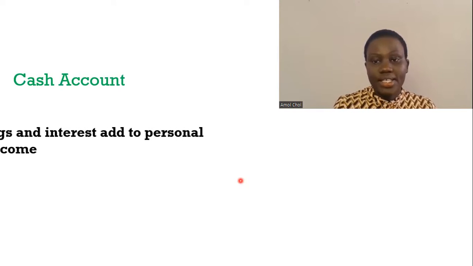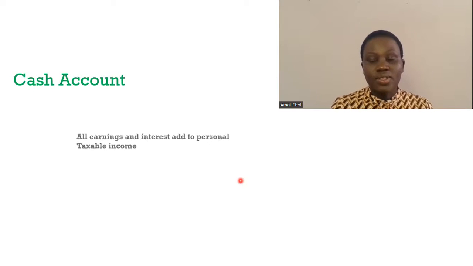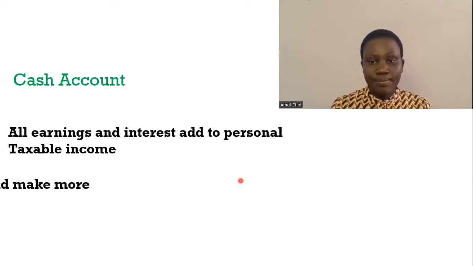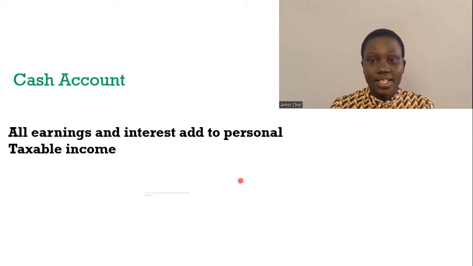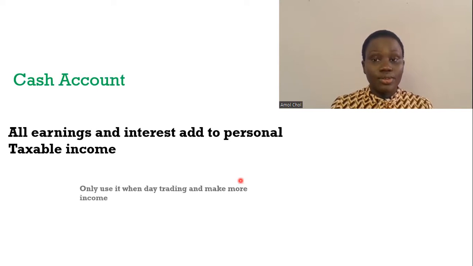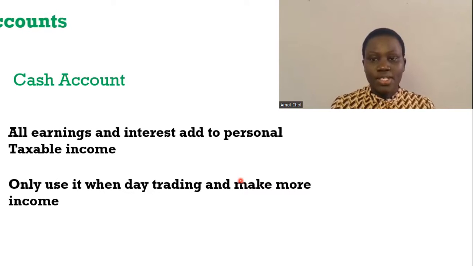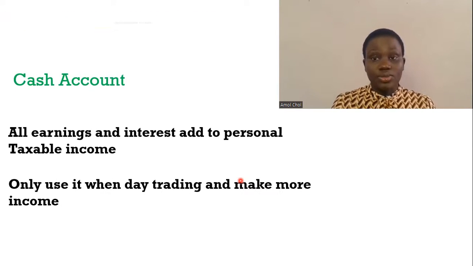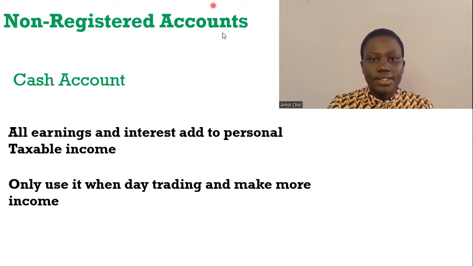Let's say you make 10,000 from your cash account with Questrade, that 10,000 has to be added to your regular employment income. If your employment income was 30,000, now your total income would be 40,000, the 10,000 plus the 30,000 that you make.